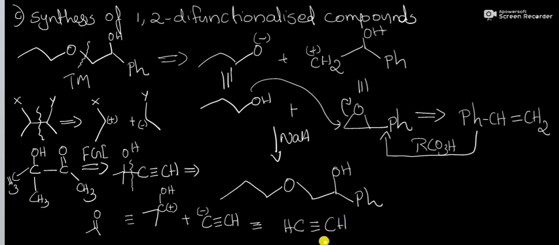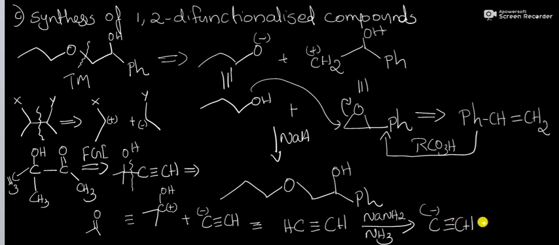Then what will be the total synthesis of this target molecule? In the presence of a base like sodamide in liquid ammonia, this acetylene gets deprotonated, forming its anion, NaNH2 in liquid ammonia, we get C minus triple bond CH.